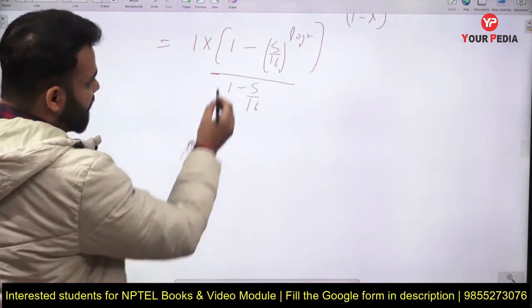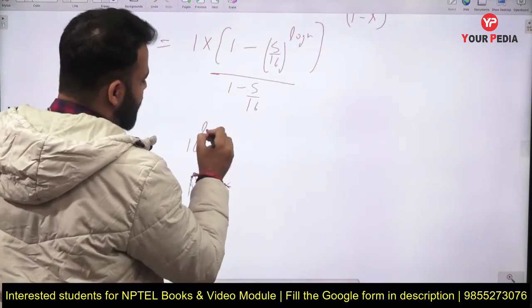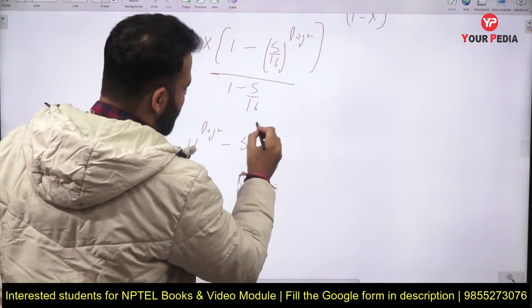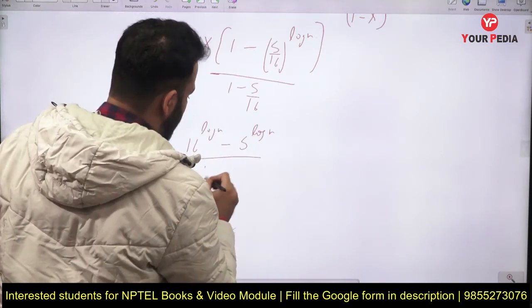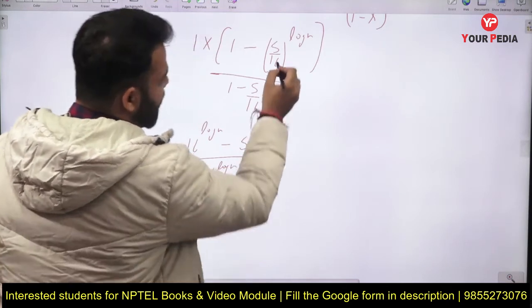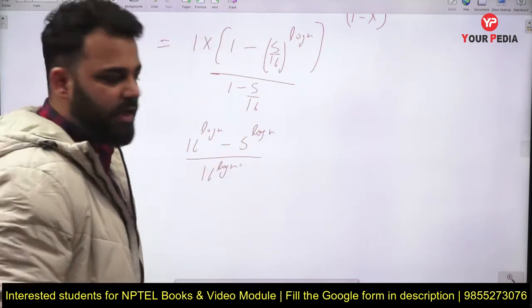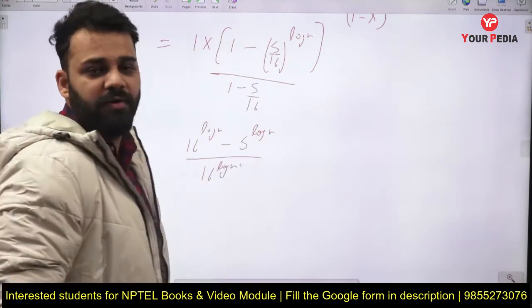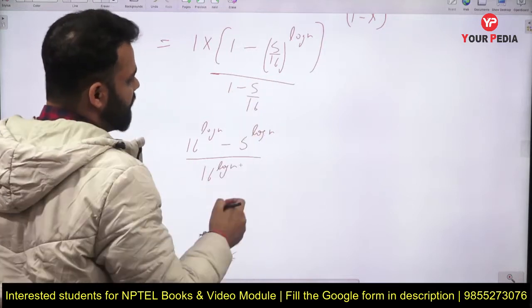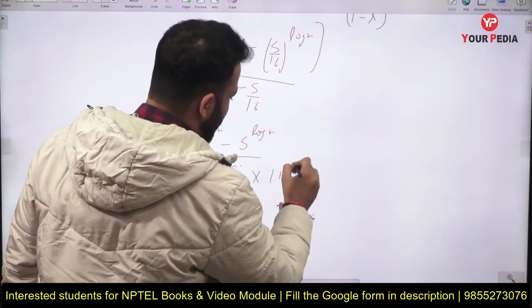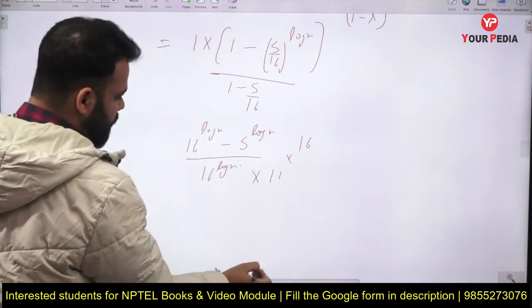If you solve it further, it will give you 16 raised to power log n minus 5 raised to power log n divided by 16 raised to power log n. We are taking the LCM here, and 16 minus 5 by 16 is equal to 11 by 16. So it will give 16 by 11.